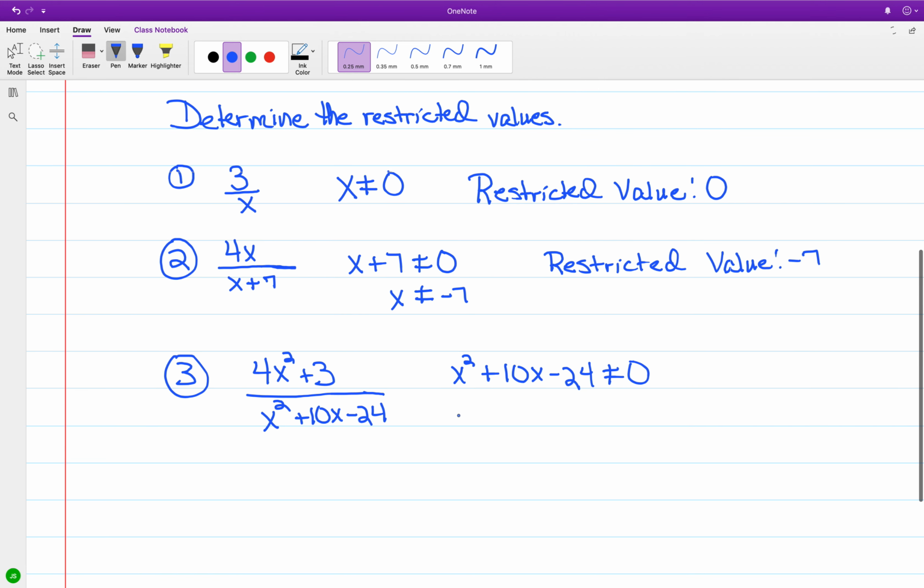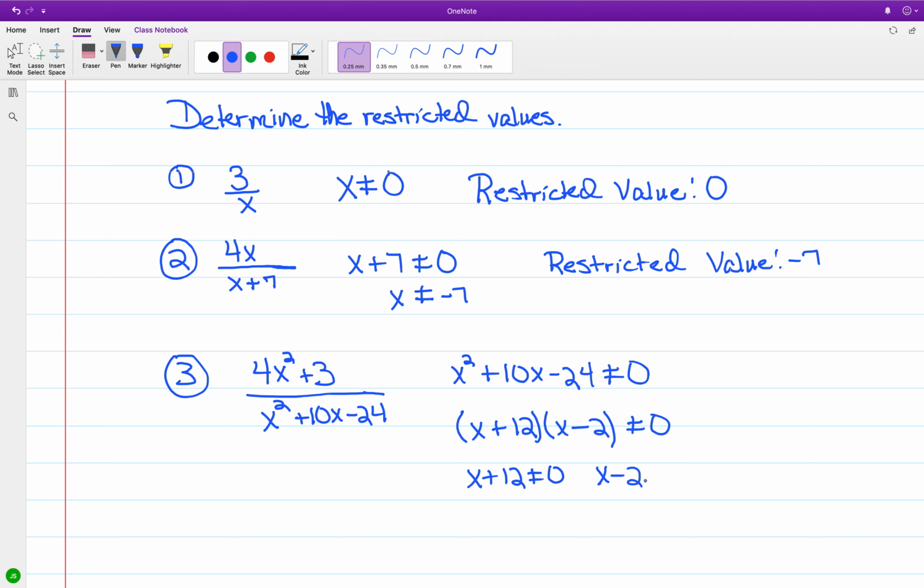If we look into factoring, the factors of this trinomial are the quantity x plus 12 times the quantity x minus 2. And if the trinomial cannot be 0, well, neither can either of the factors.